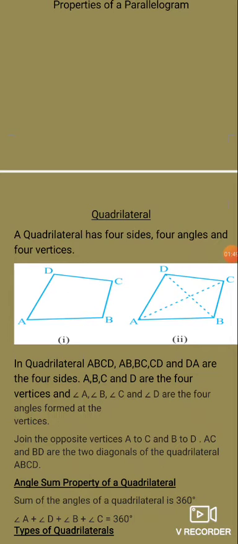And we know the angle sum property of a triangle: the sum of 3 angles of a triangle is equal to 180 degrees. So with 2 triangles, it is 180 degrees plus 180 degrees, total how much? Yes, 360. So the sum of all the angles of a quadrilateral is 360 degrees. That is angle A plus angle B plus angle C plus angle D is equal to 360.